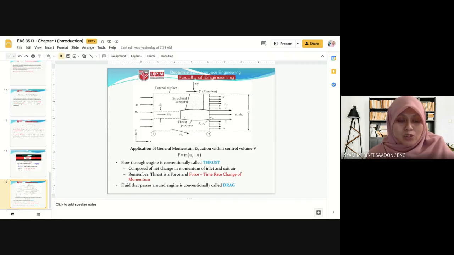For a bit of homework, not really homework, but just some exercise, try to derive the thrust equation from this control system. I will stop sharing this. Stop recording.